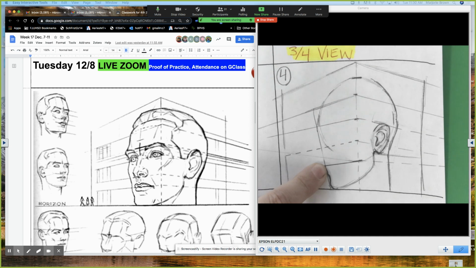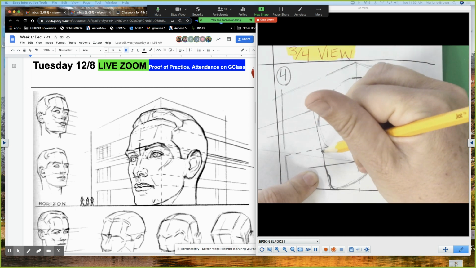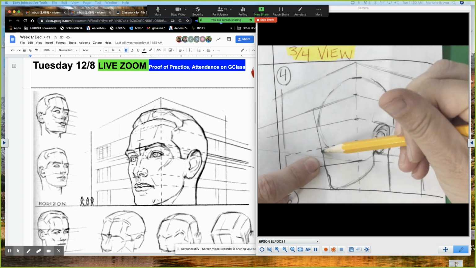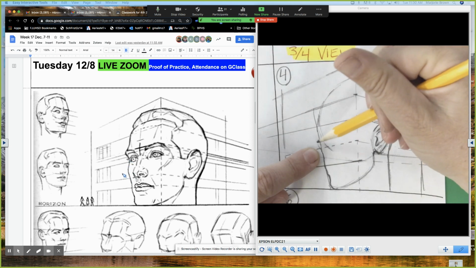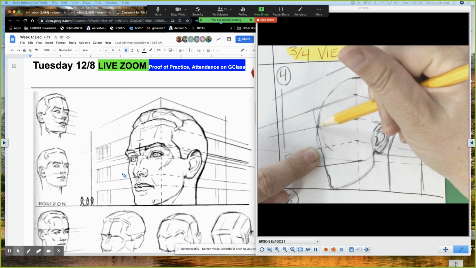Now I'm going to try to draw this area here. This one's very minor. It goes in. It's very mild. The next one has a cheekbone and it goes outward. That cheekbone and then it goes outward. So it goes out past the line and it swoops in.